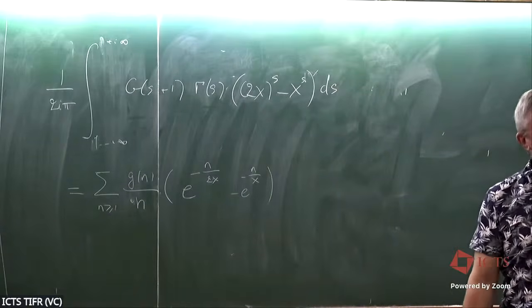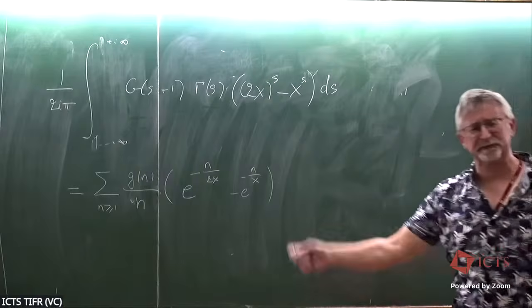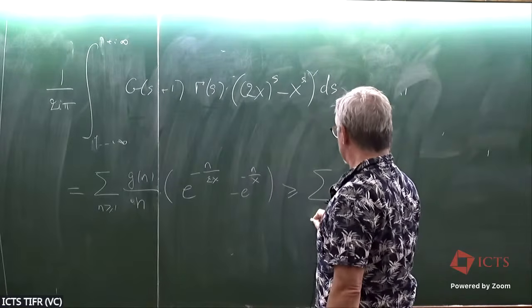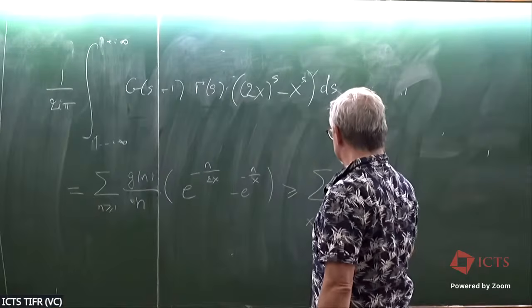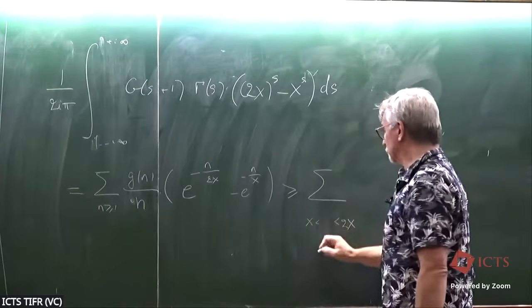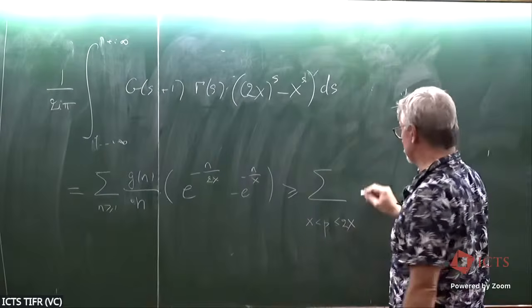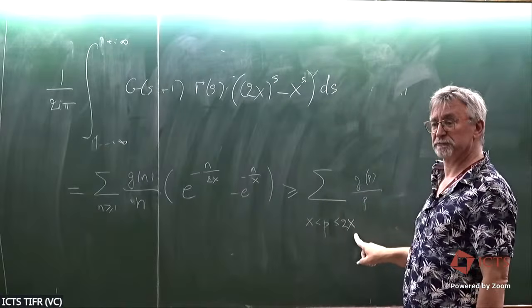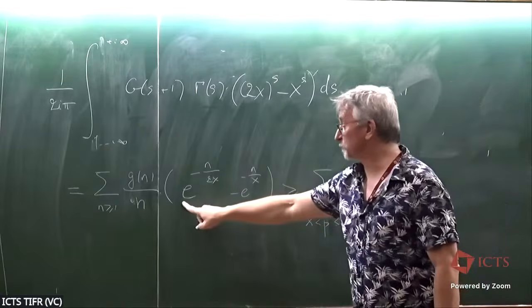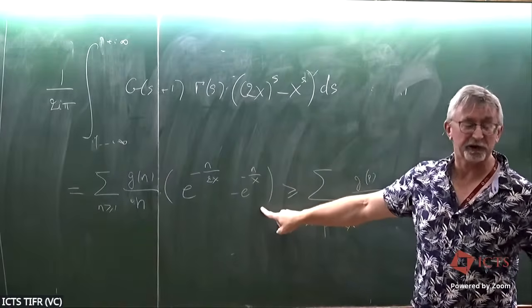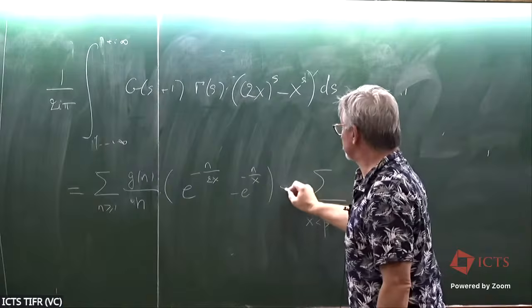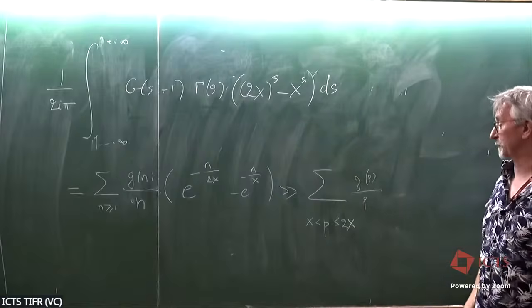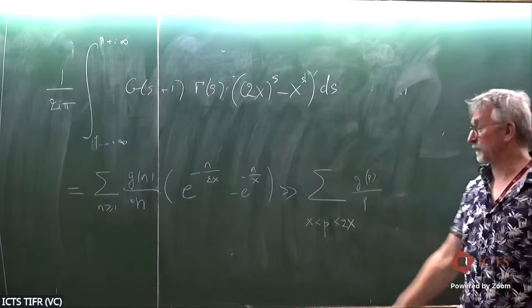And then you think, okay, I have to do something very clever because I want something very precise. No. You just say that it is larger than the sum over the integers between x and 2x, just take these primes, G of p by p. When p is between these two bounds, this one is positive, larger than 1 upon e, it's a constant. You can remove every other integer because I told you that this function is non-negative.